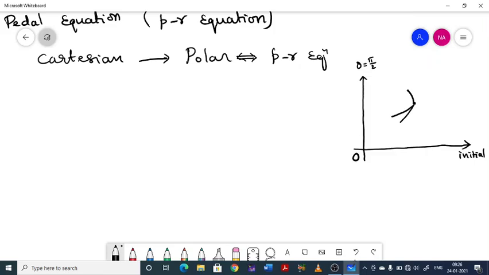The line joining this point and the origin, or pole, is called the radius vector. I'll take this as the point, and suppose this is the curve passing through this point.